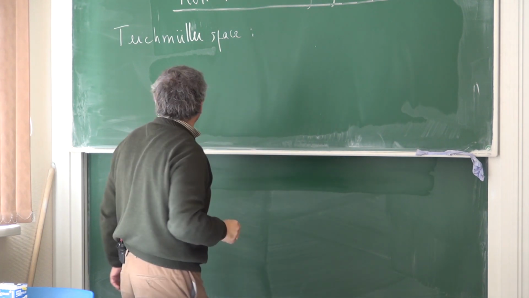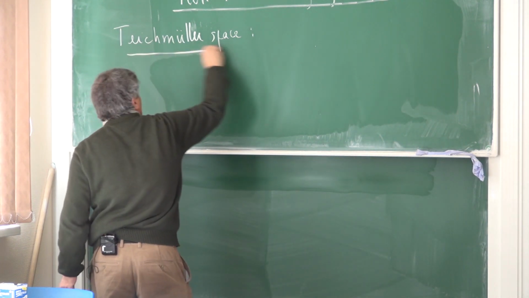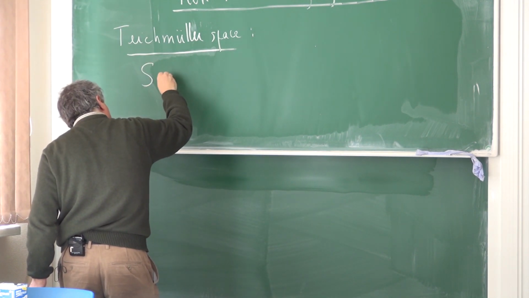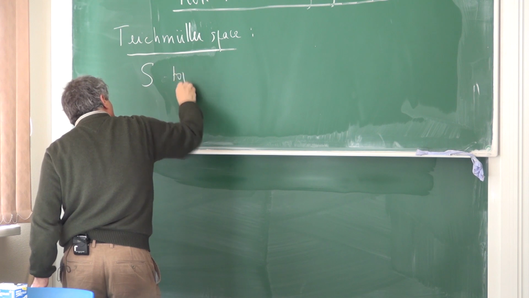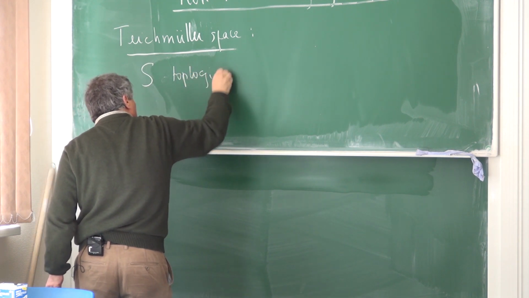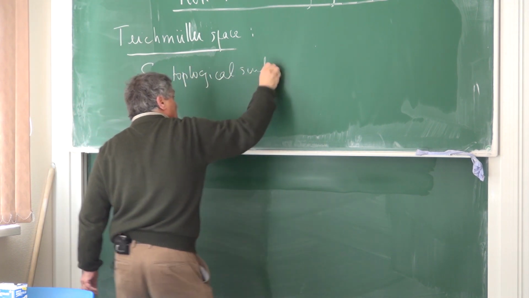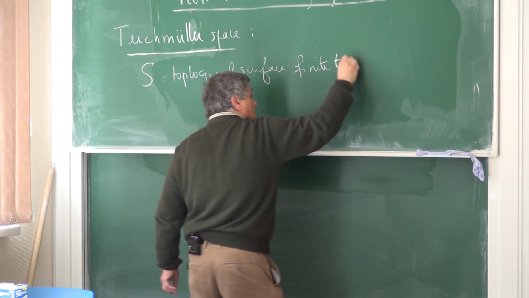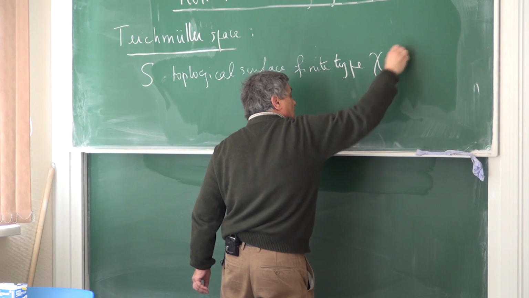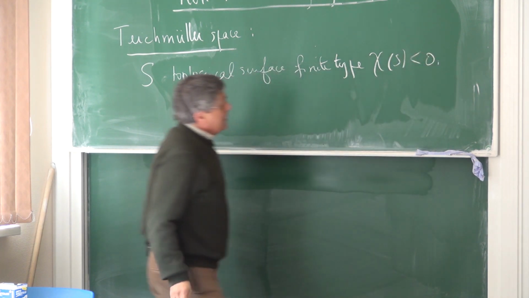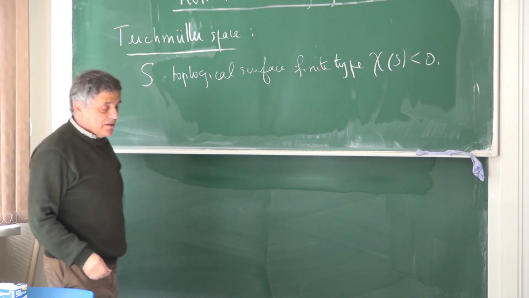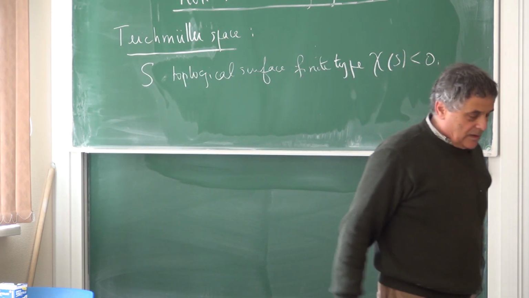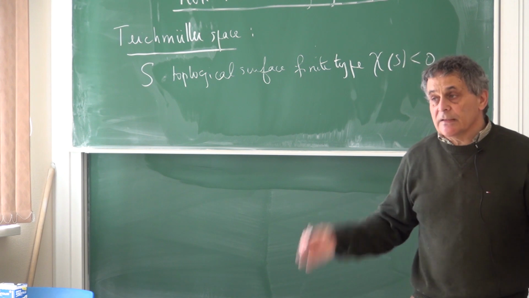We have a surface S. Now S is a topological surface of finite type and negative Euler characteristic. And then we want to consider the space of all hyperbolic structures on S.